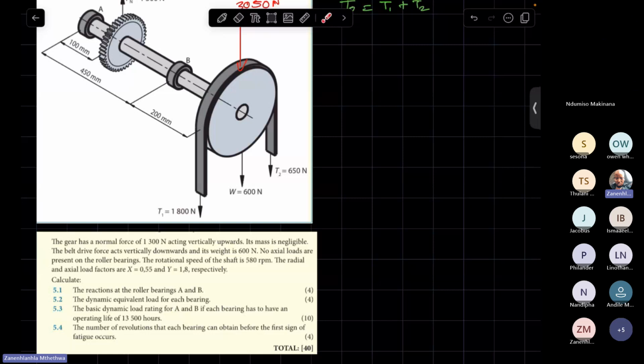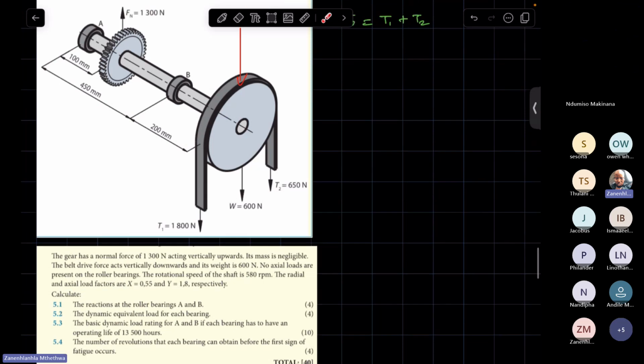The rotational speed of the shaft is 580 revs per minute. The radial and axial load factors are X 0.55 and Y 1.8 respectively. 5.1, calculate the reactions at the roller bearings A and B. So they want us to calculate the radial supports at the bearings.